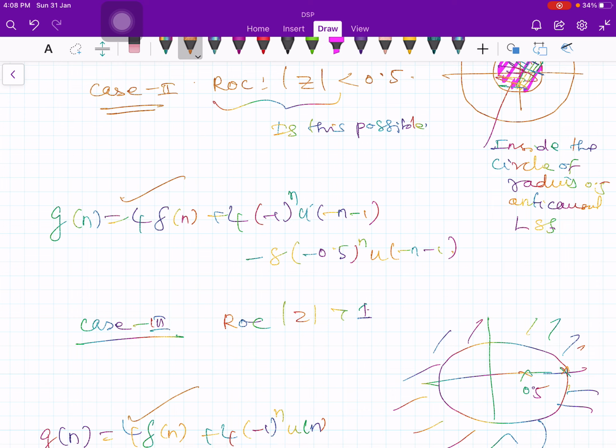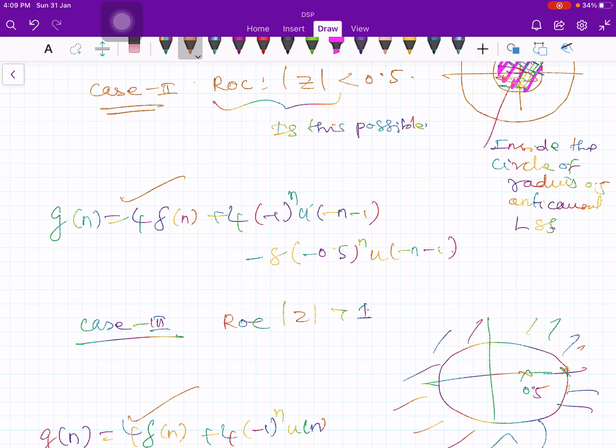So unless the ROC is specified or unless the nature of the sequence is specified, you cannot evaluate correctly. If the sequence is totally causal, then you have one answer. If the sequence is anti-causal, you have another answer. If it is a combination of causal and non-causal, then you have the third answer.